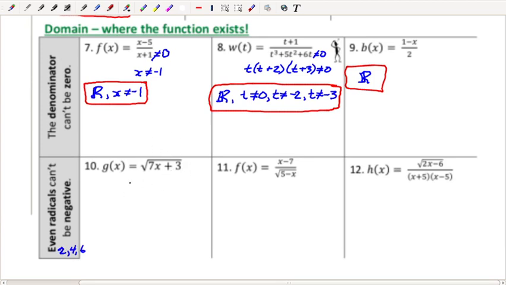So in order to show that, if we want to say something is not negative, that must mean it's greater than or equal to 0. So to find the domain of this, we want to say 7x plus 3 greater than or equal to 0, and then we're going to solve that for x. So move the 3 to the other side and divide by 7. So we've got 7x greater than or equal to negative 3, and then x greater than or equal to negative 3 over 7. That would be my domain right there.